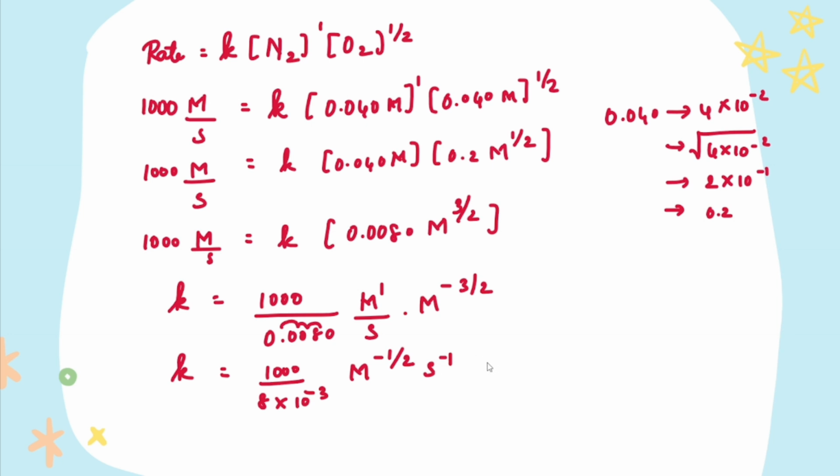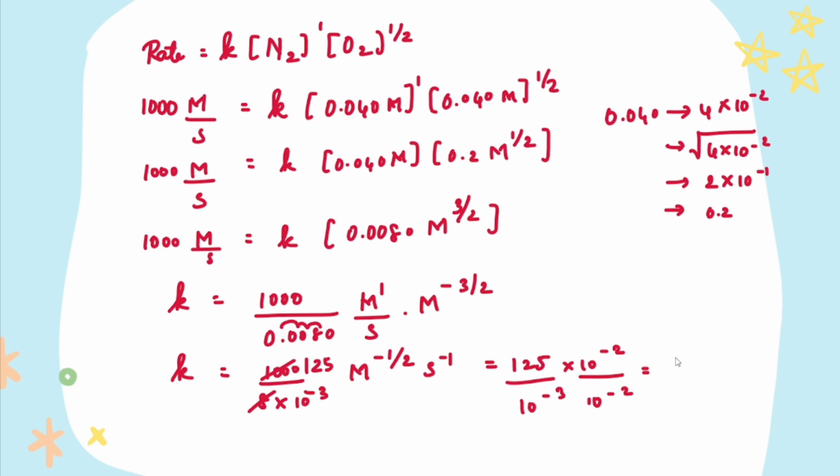When we solve this, 8 will be cancelled 125 times. So it will be 125 by 10 to the power of minus 3. To cancel this minus 3, what I'm going to do is multiply this by 10 to the power of minus 2 by 10 to the power of minus 2. So what will I get?